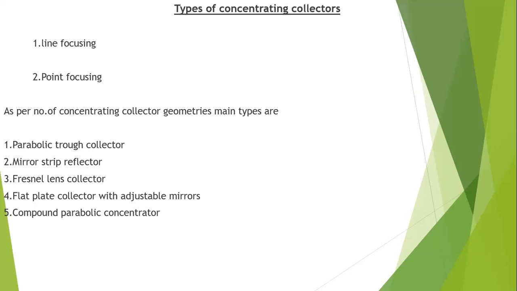So in this case, instead of producing heat, the sun's energy is converted directly into electricity, with high efficiency photovoltaic cells designed specially to harness concentrated solar energies. So we will see all the types of collectors now.